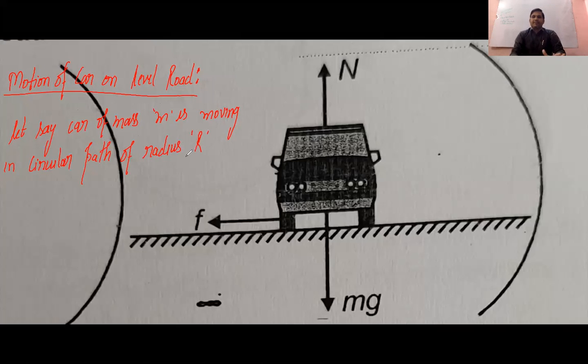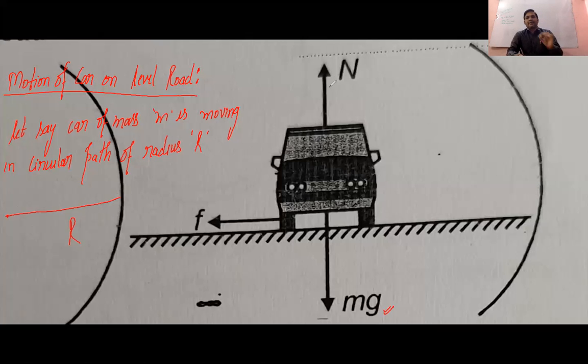You can see from here, if the car is there, this will be the radius of this circle. Because it is taking a turn, you can see the weight mg acting downward, and the normal reaction force acting upward.